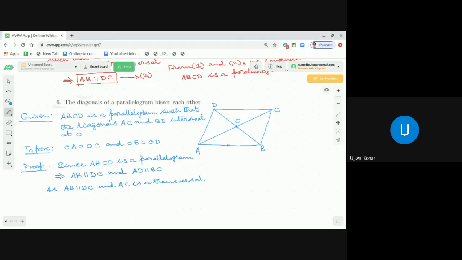AB is parallel to DC and AC is a transversal. So definitely angle BAC is equal to angle DCA, and this angle is equal to this angle. Correct or not? So what you can conclude from here is that angle BAC is equal to angle DCA.